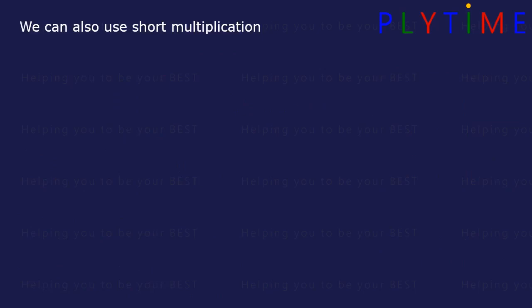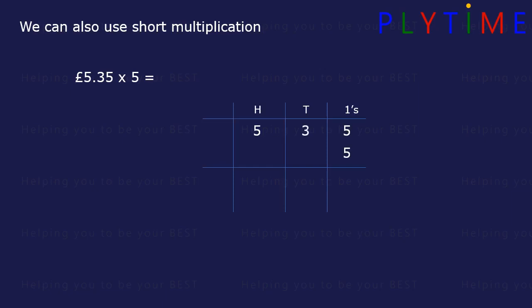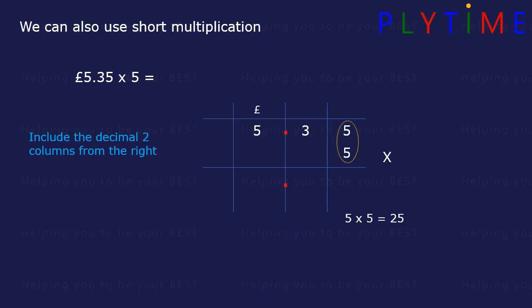We can also use short multiplication. £5.35 times 5. Let's put it into our columns. Include the decimal 2 columns from the right and the pound sign. Then start multiplying. 5 times 5 is 25. 5 and carry 2 forward. 3 times 5 is 15.